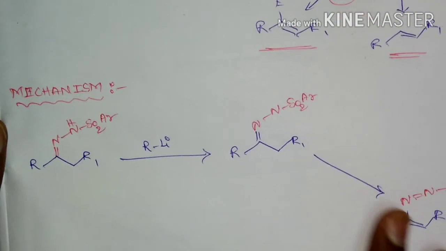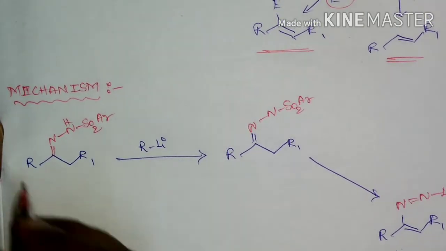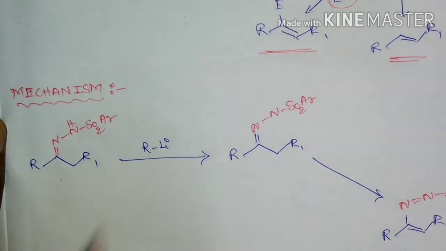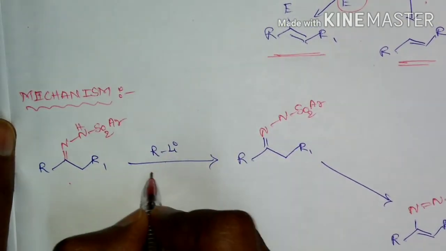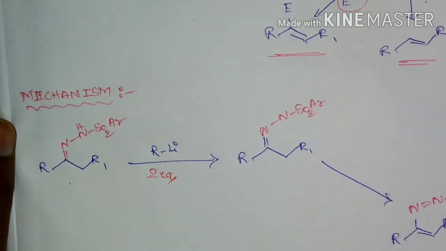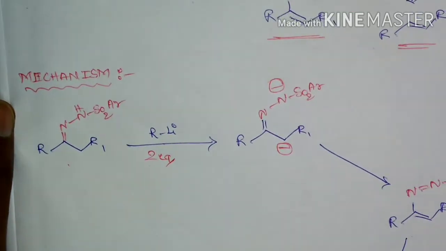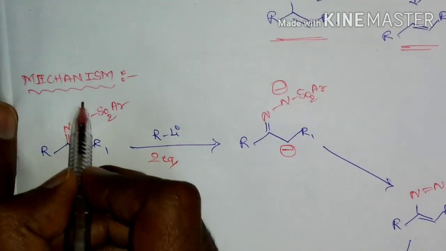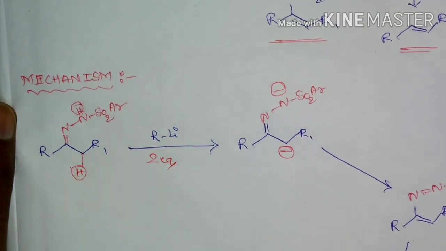So if we look at the mechanism, tosyl hydrazone on treatment with butyl lithium or methyl lithium, but here it is 2 equivalents, is going to form a dianion. So there will be abstraction of the proton on the nitrogen as well as the proton on the alpha carbon.